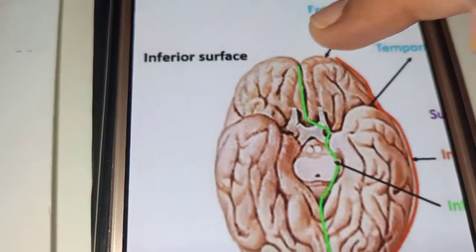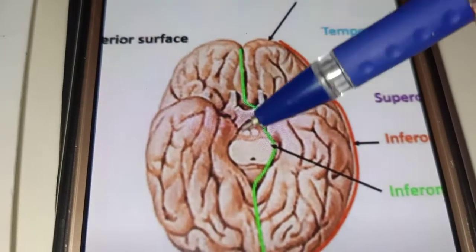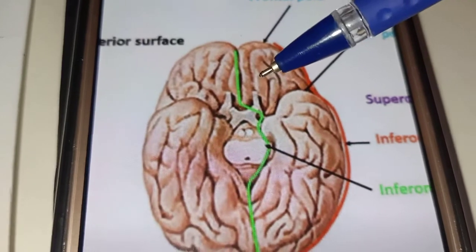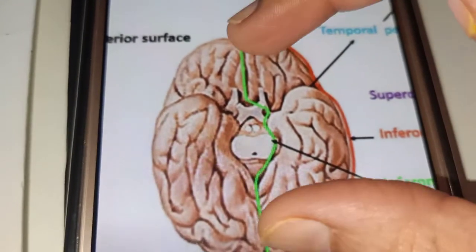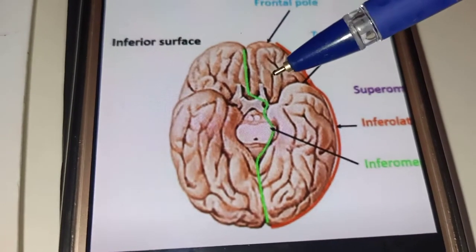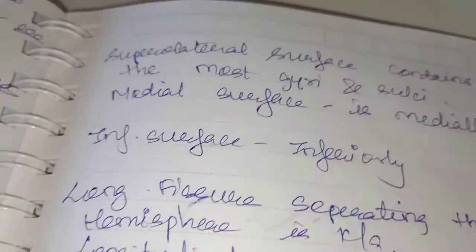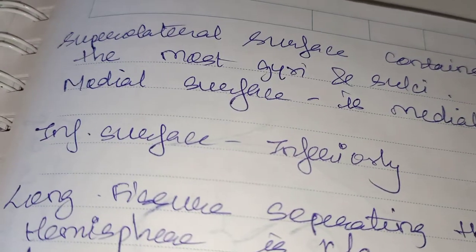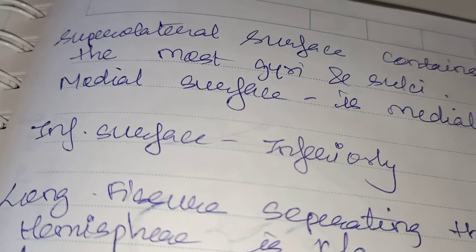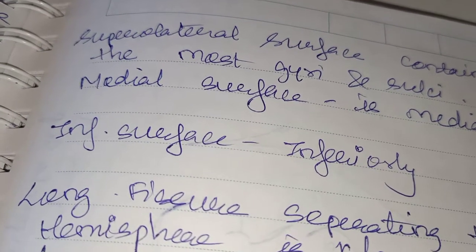We have talked in detail about the olfactory lobes on the inferior surface in my previous video. Clear? It is present inferiorly. So these are the three surfaces: the superolateral surface of the cerebrum, the medial surface, and the inferior surface.